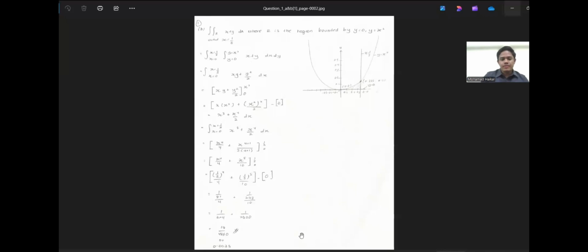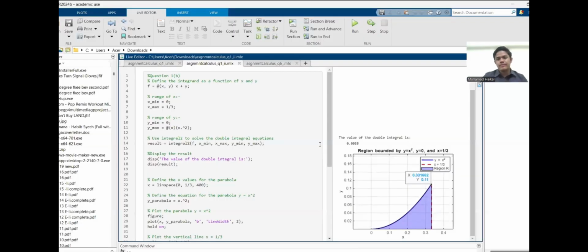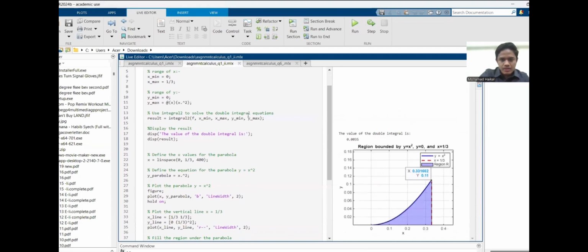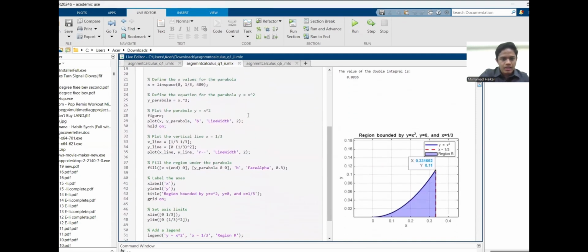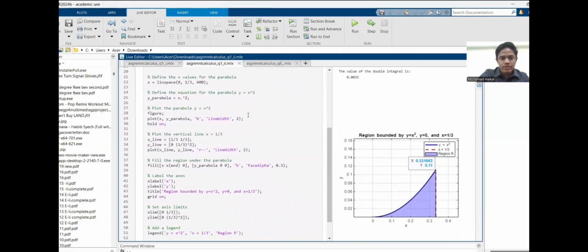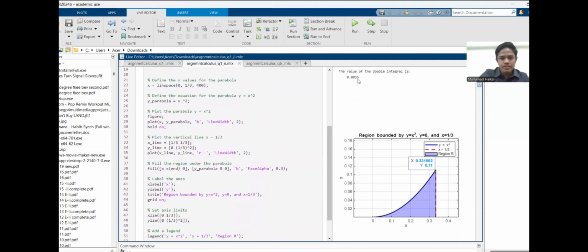So this answer can be proved by our simulation in MATLAB. So we put the coding for the value of the double integral, and we got the answer 0.0035 in the software. So the answer is correct.